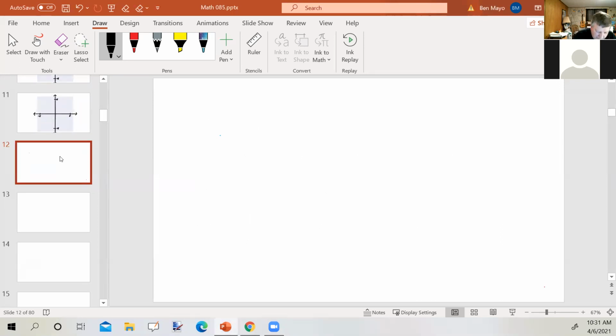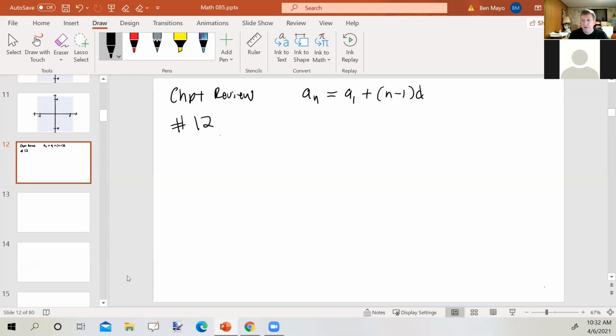This is from the chapter review. Number 12. It says, find two arithmetic means between 8 and 28. All right, since we're talking about arithmetic means, we're going to be using the formula a sub n equals a sub 1 plus the quantity n minus 1 times d, where d is the common difference, and n is the subscript of the term.